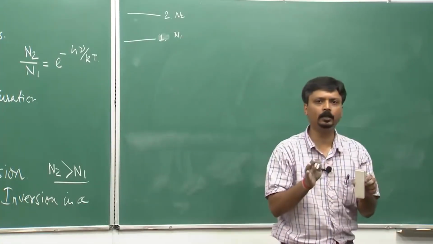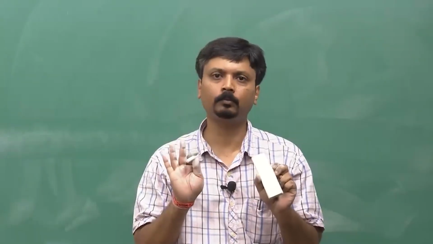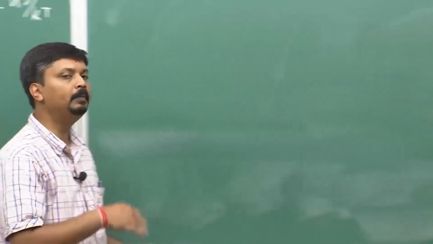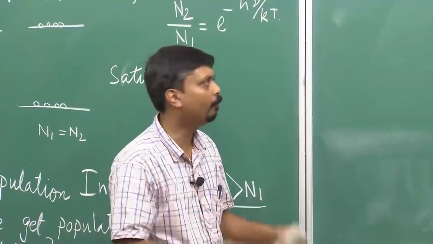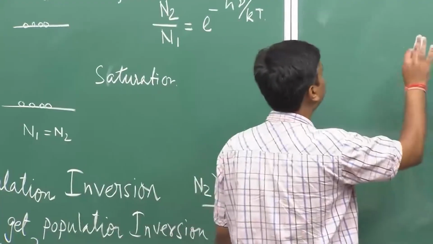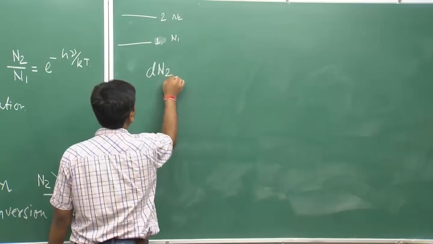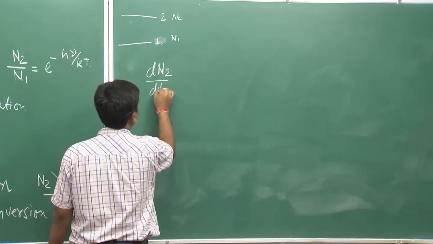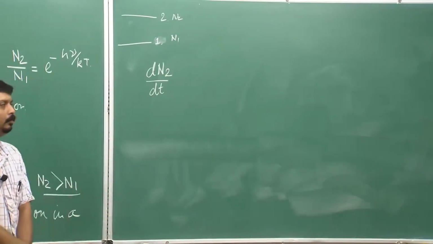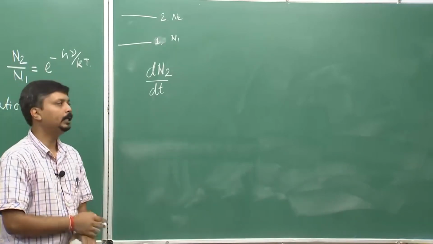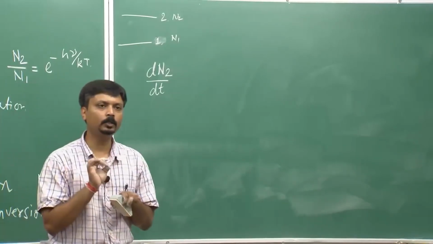So, let us see what is the change in population of state 2. From the basic knowledge of kinetics, we can easily get that. I write dN2 by dt. Now, this N2 is also time dependent.